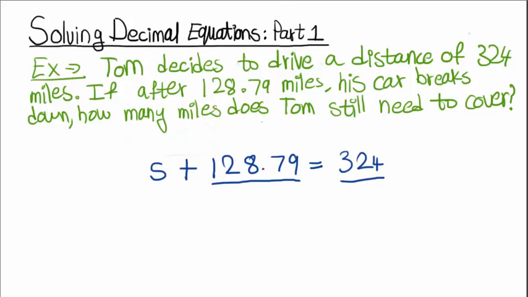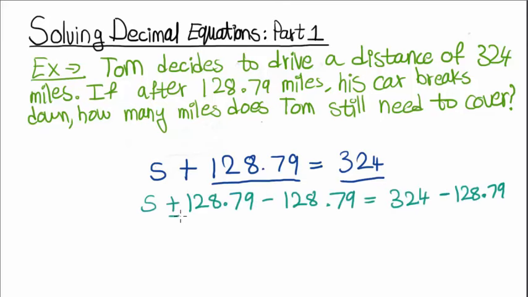And in order to do that, we need to perform the appropriate inverse operation of subtracting both sides of this equation by the number 128.79. These two terms over here on the left-hand side of this equation will cancel each other out to leave me with the variable s all by itself.